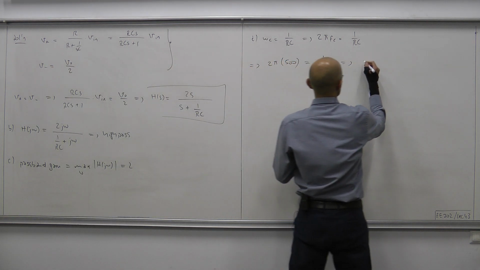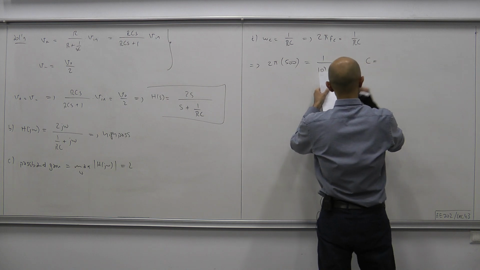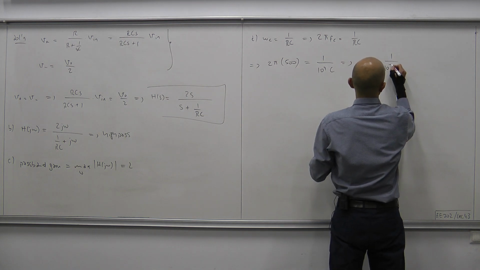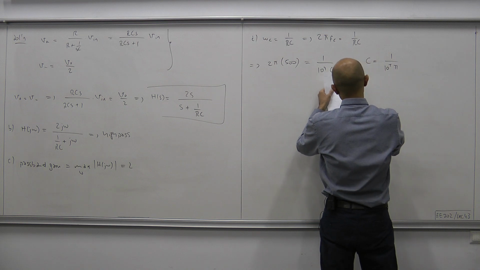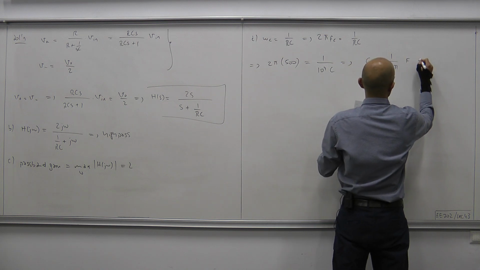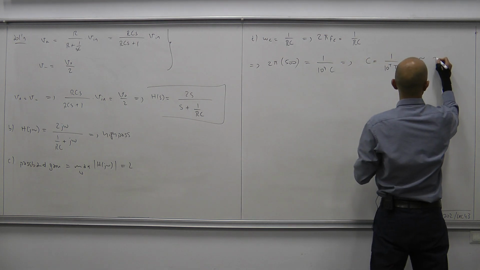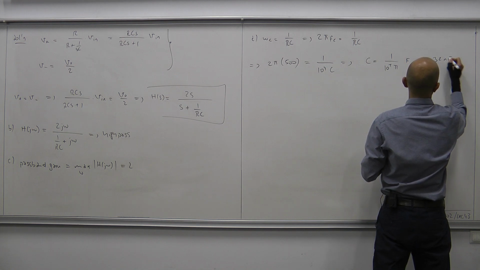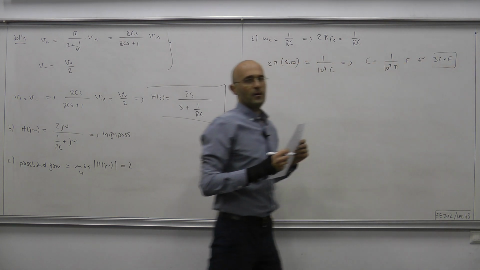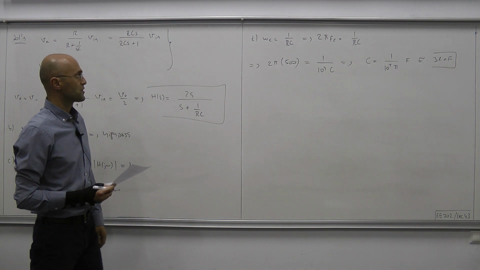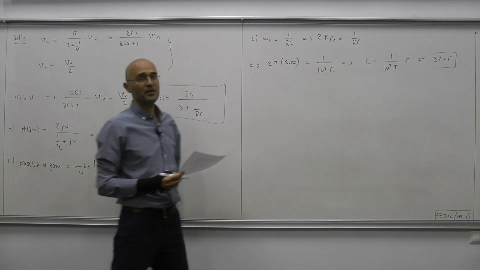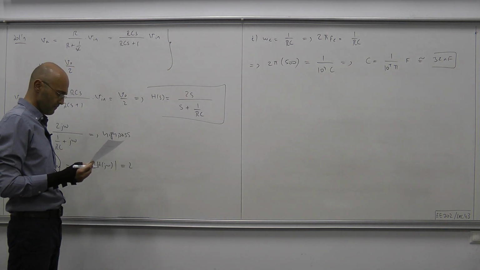So that produces C equals 1 over 10 to the 7 times pi farads, and that's approximately 32 nanofarads. Okay, so that's the capacitance value that produces 500 hertz of cutoff frequency.